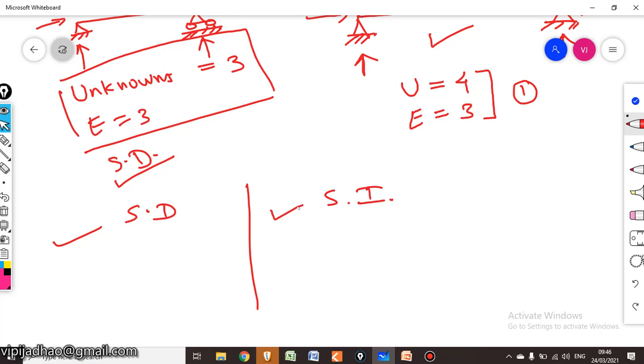The next difference between statically determinate and indeterminate structures is that the bending moment at any section of a member is independent of the material used in a statically determinate structure.